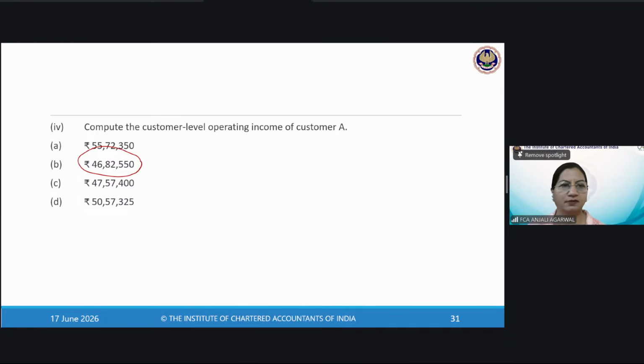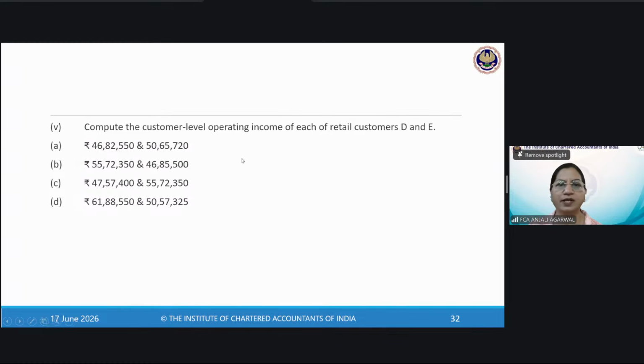So this is the operating level income for customer. So we don't need to calculate for all. We'll calculate only for those for which we have been asked. Similarly, you can calculate for D and E.